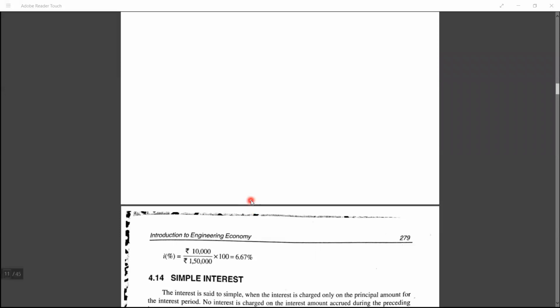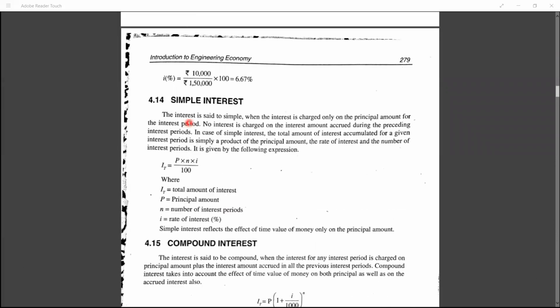It will ask you to calculate simple interest, time value of money, and compound interest. Simple interest is the interest charged based upon the principal amount. No interest is charged on the interest amount from the preceding interest period. In simple interest, the total interest is accumulated for a given interest period, which is fixed.